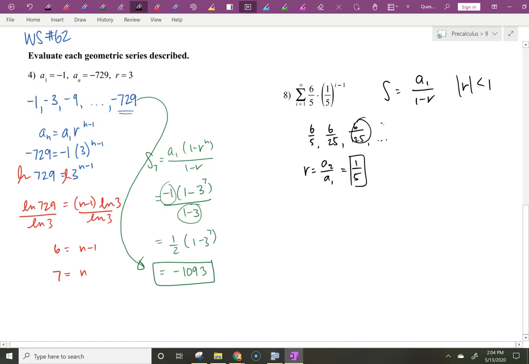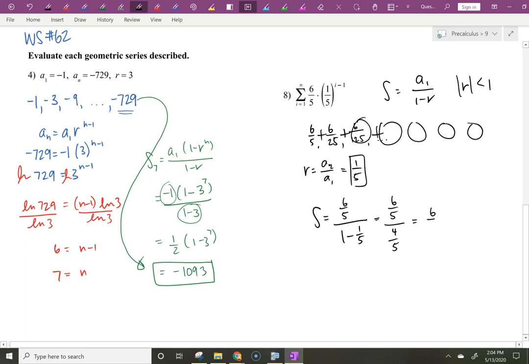These numbers will start to get so small that they are like just adding zeros to the total, and it won't matter any. So let us see what our total would be. All right, so the sum is the first term, which was 6/5, good thing I already did that, over 1 minus 1/5. So that would be 6/5 over, that'd be 5/5 minus 1/5, so 4/5.